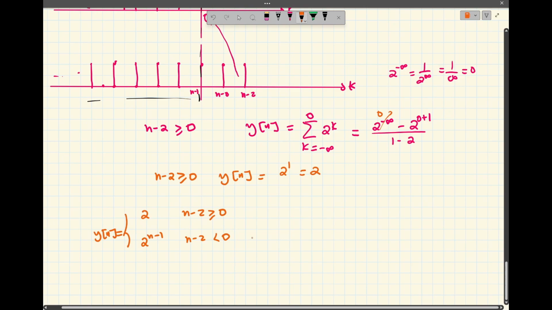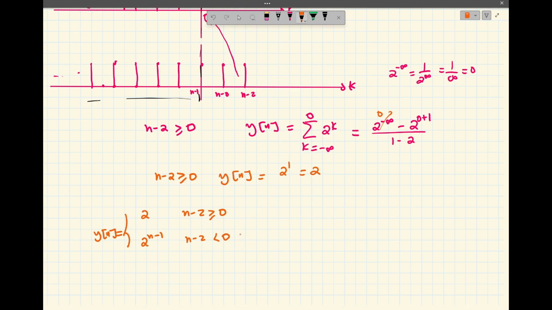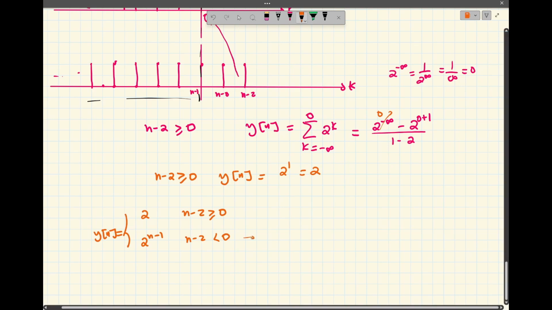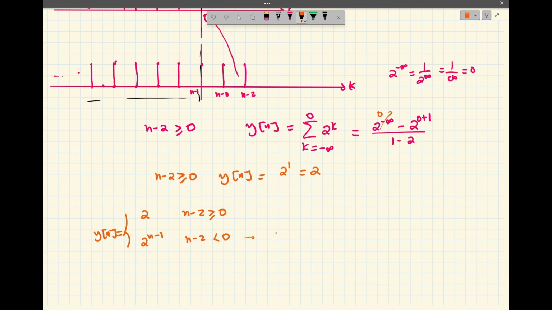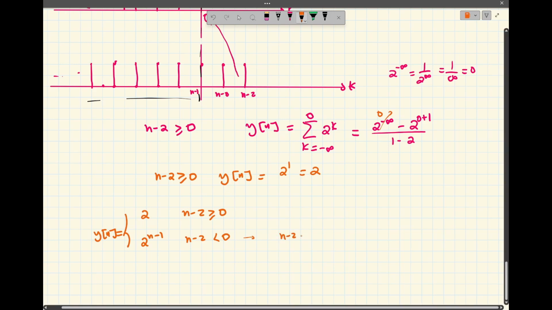If you wanted to express this in terms of the unit step function, we can write it as follows. n minus 2 is strictly less than 0. That means n minus 2 is less than or equal to -1. If you look at the discrete time axis, let's say this is 0 and 1, -1, -2. So n minus 2 strictly less than 0 means at most it is equal to -1.